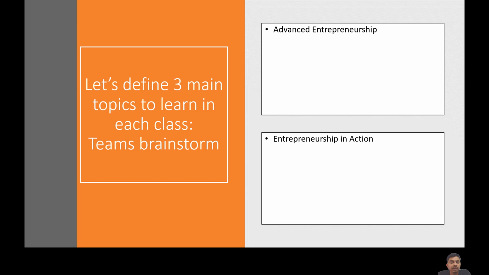Now, the idea here is not necessarily that they are linear ideas or modules, but they can be different. The idea is that these 2 classes are elective classes, right? So students could take Advanced Entrepreneurship without taking Entrepreneurship in Action, or they could take Entrepreneurship in Action without having been registered for Advanced Entrepreneurship.